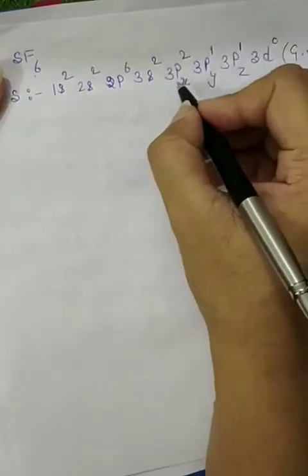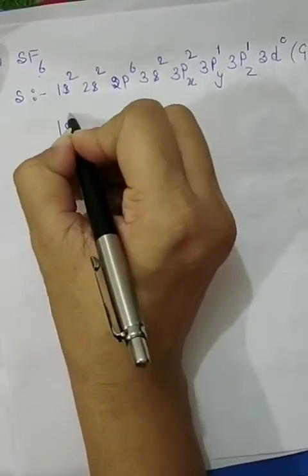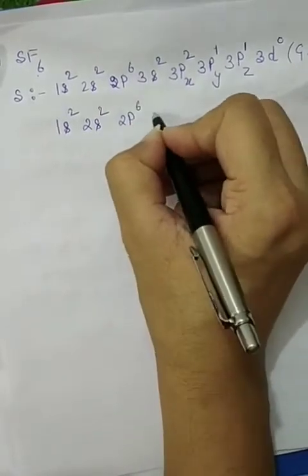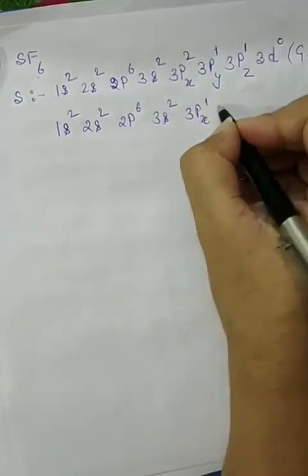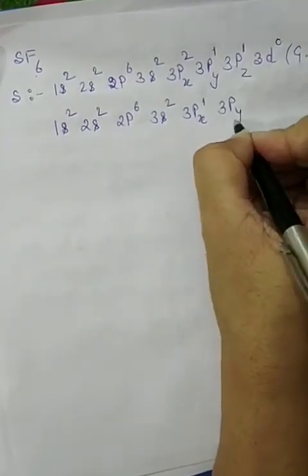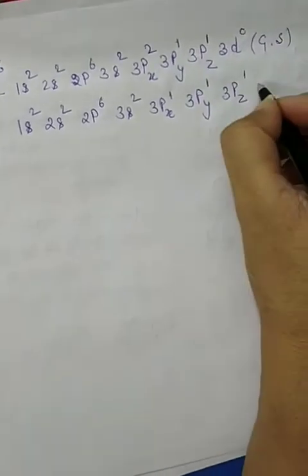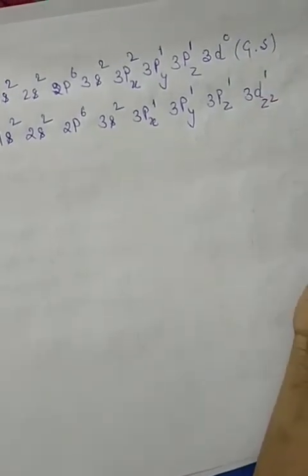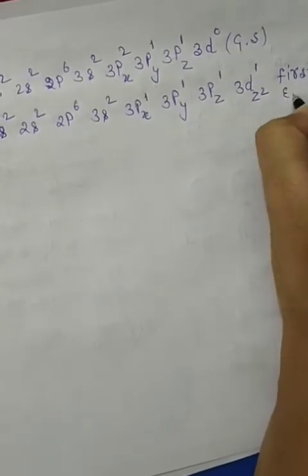So one electron first jumps from 3px to 3d, then the electronic configuration is 3s2, 3px1, 3py1, 3pz1, 3dz square 1. It is called the first excited state.